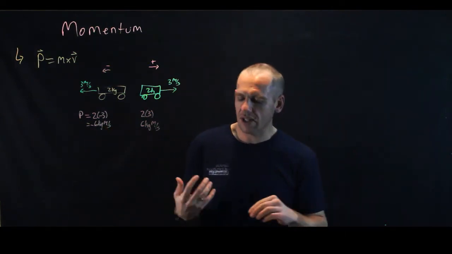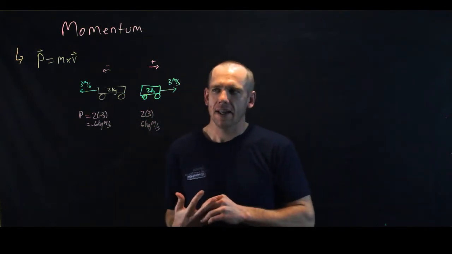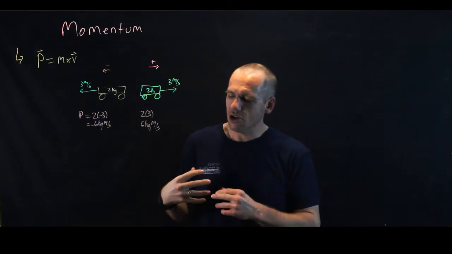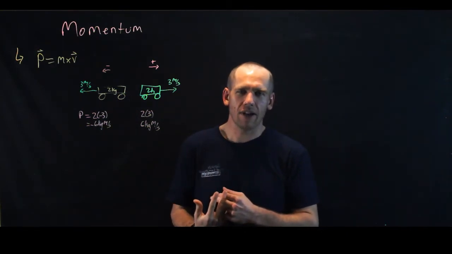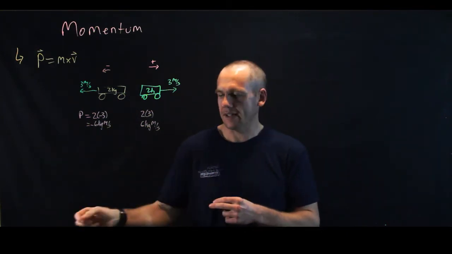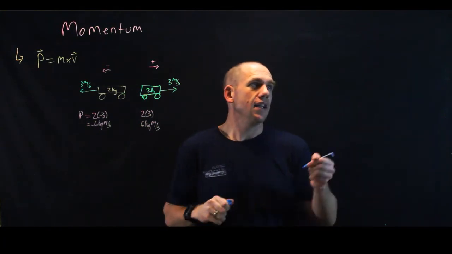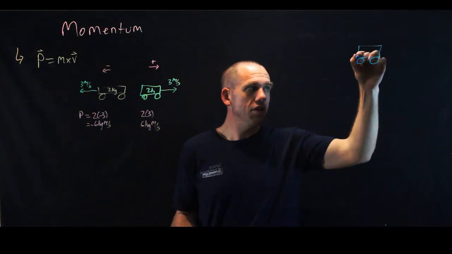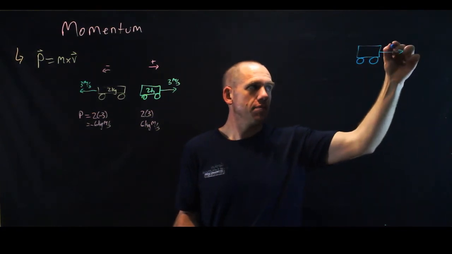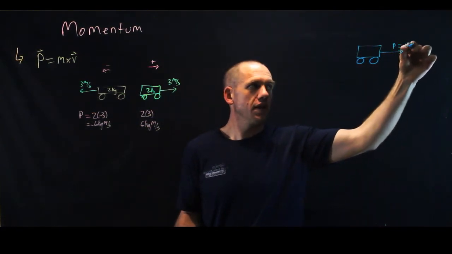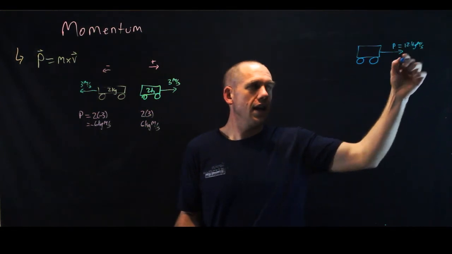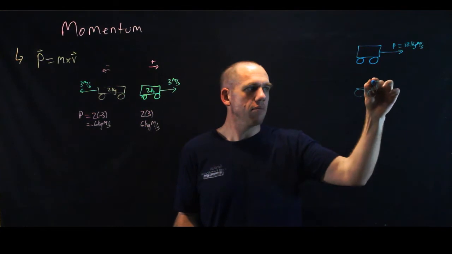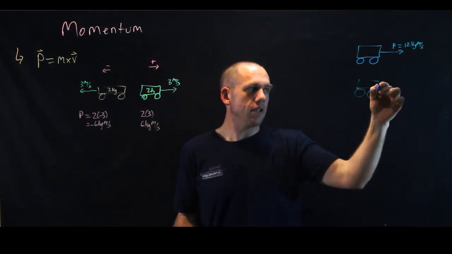Now the other interesting thing about momentum is that it depends on both mass and velocity, which means just knowing something's momentum doesn't allow us to know its mass or its velocity. So for instance, if we had another set of carts, and I'm going to tell you that this one's momentum is equal to 12 kilogram meters per second, and I've got another cart that also has a momentum of 12 kilogram meters per second.